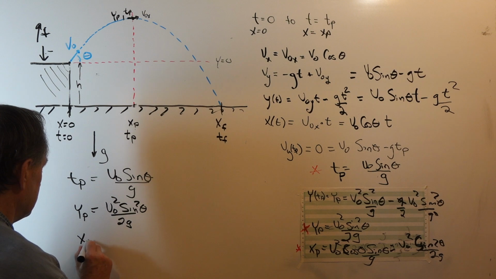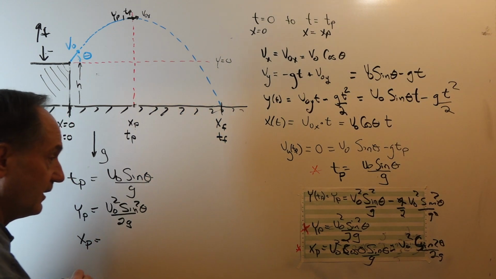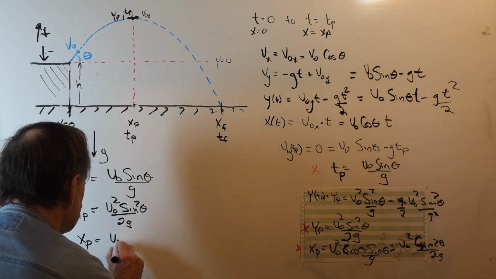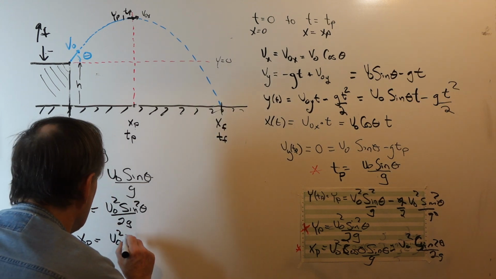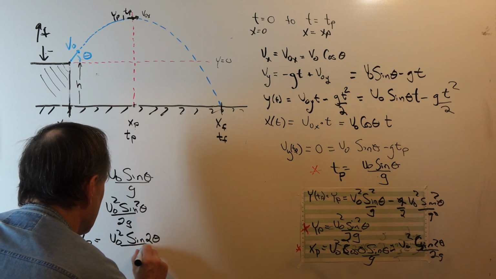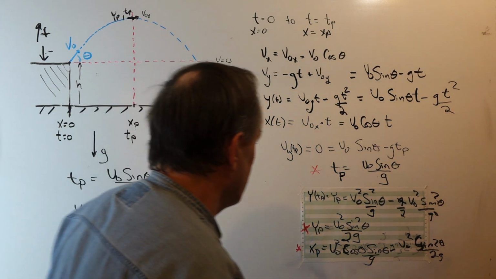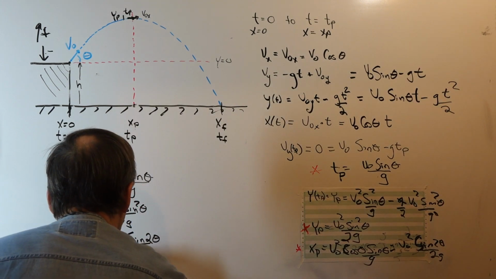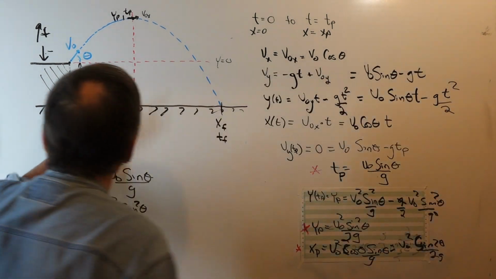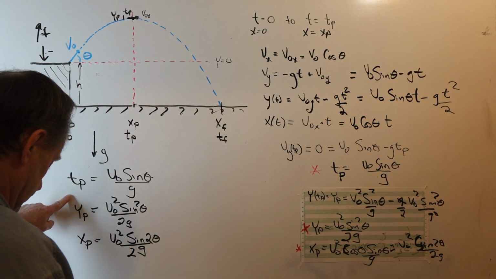And the distance in the x direction traveled when it reaches the peak is v0 squared times the sine of 2 theta all over 2g. So this is for this part of the flight here.